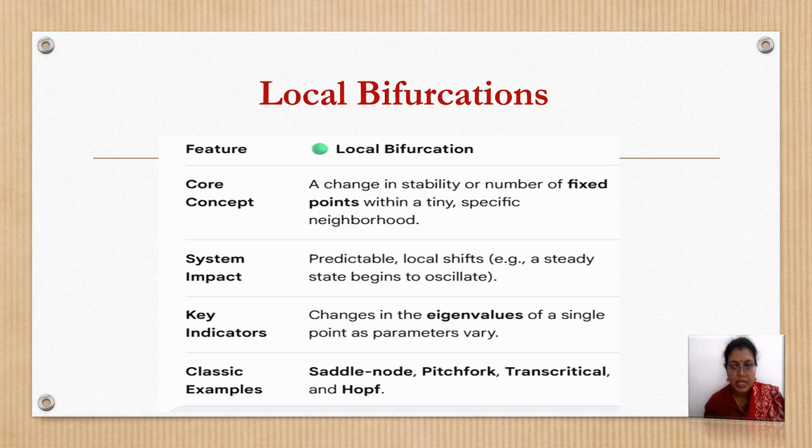Here the change in the dynamical behavior, either through the change in stability or the number of fixed points, happens within a tiny specific neighborhood. So these are predictable local shifts. Also, it is indicated through the change in the eigenvalues of the fixed point as the control parameters are varied. Now, what are the important local bifurcations which we are going to study? Saddle node, pitchfork, transcritical and Hopf bifurcations.